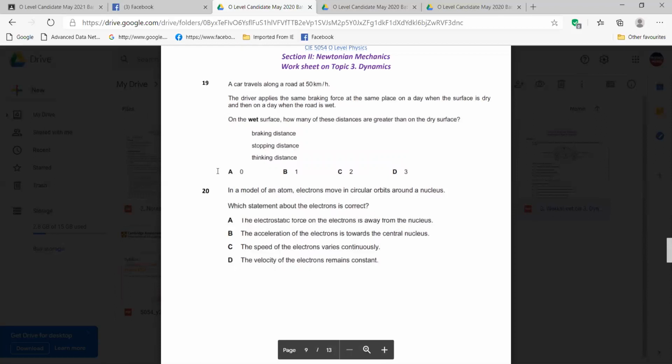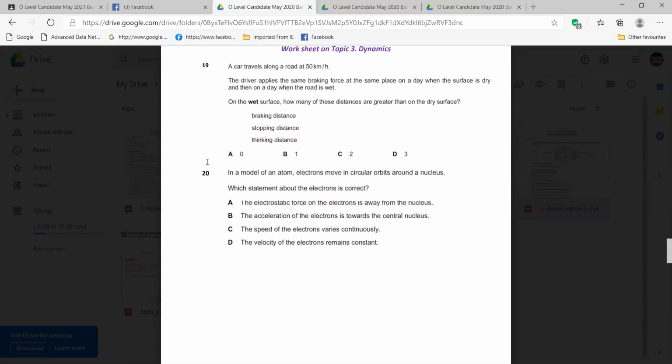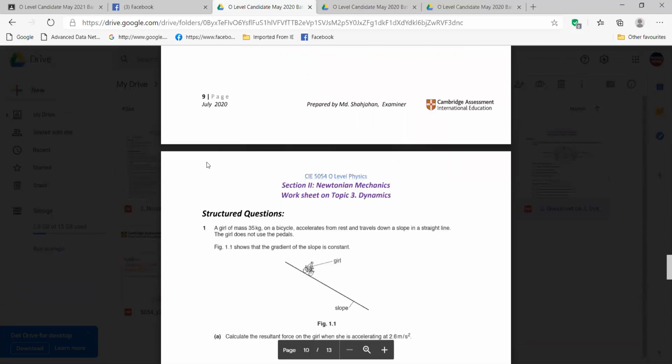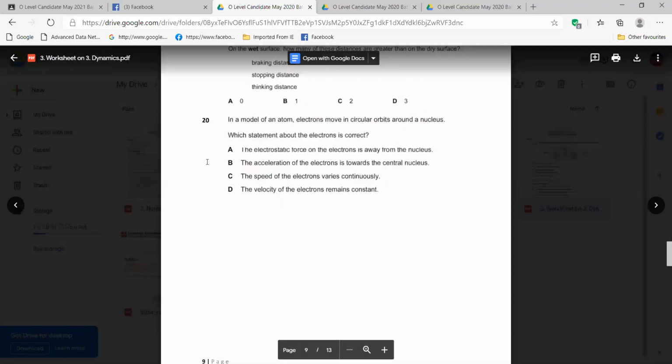Because weight surface has no connection with thinking distance, right? And as the braking distance is affected by weight surface, that's why the stopping distance will also change. So the answer is C. Clear. Done. Then 20. It's B.